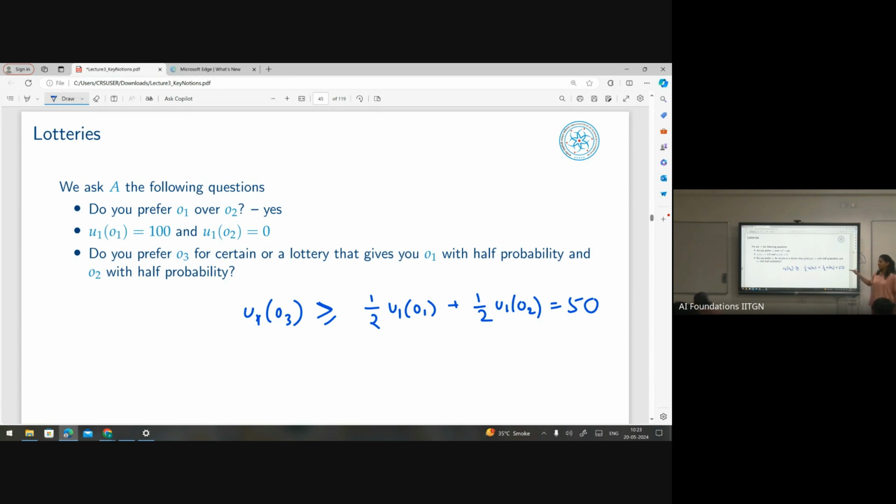A lottery is essentially a particular probability assigned to each of the possible outcomes. If the utilities are both 100, then it will be half times 100 plus half times 100. So I'd be preferring O3 if it is more than 100.